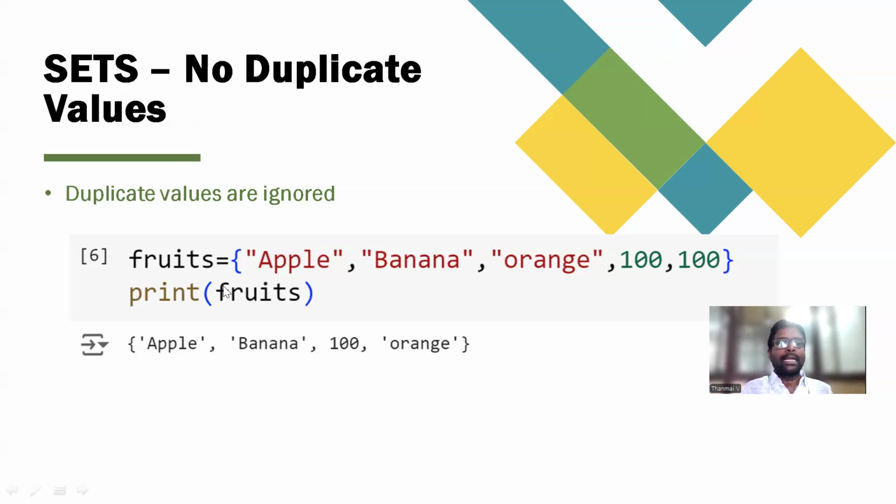When I print this set, the elements are apple, banana, 100 and orange. The duplicate value is there, but it will take only one value. Sets will not accept duplicate values. No duplicate values will exist in a set. This is another feature of a set.